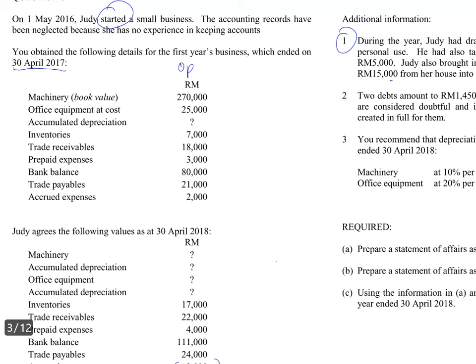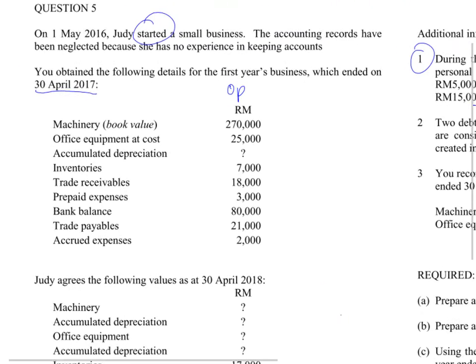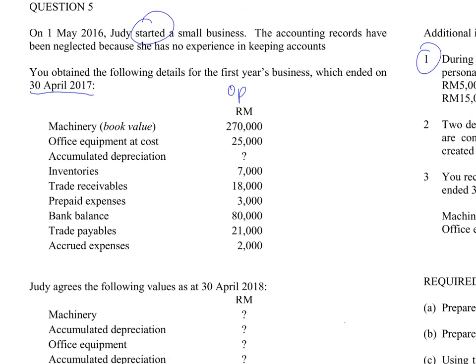Question 5 is slightly different. Ready? On 1st of May 2016, Judy just started a small business. The accounting records have been neglected because of no experience.